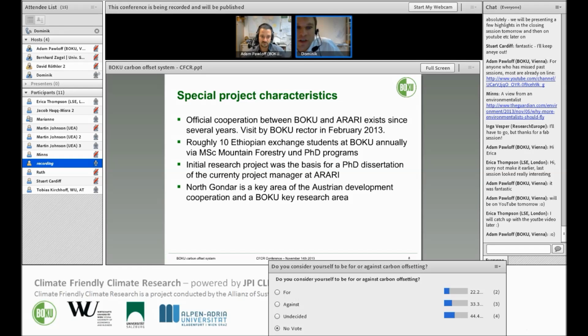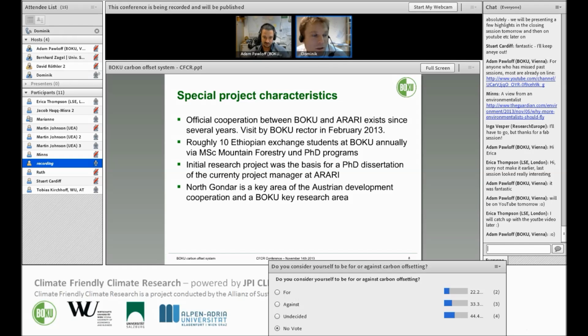Well, a special project character: there is now an official cooperation between our university and the research institute in Ethiopia. There was a visit by our rector in February 2013. And what is really supporting us is that there are about 10 Ethiopian exchange students every year at our university. They are both MSc students.